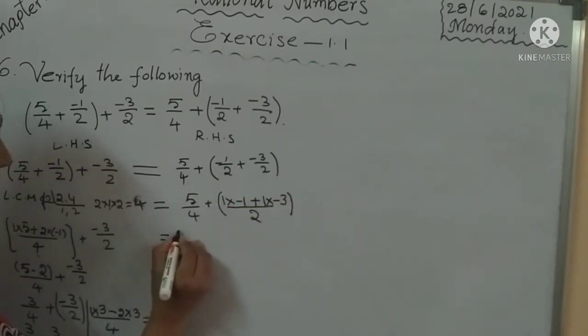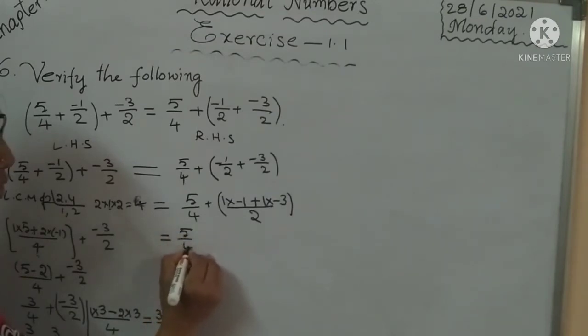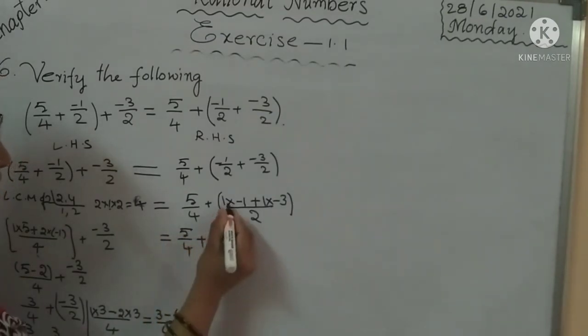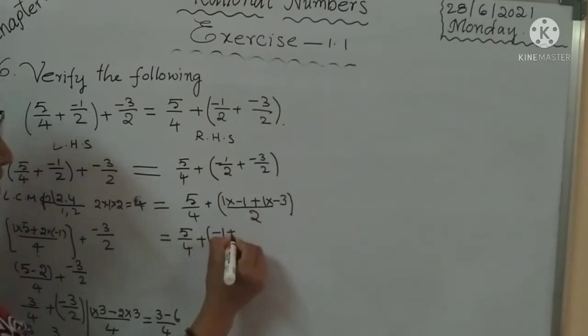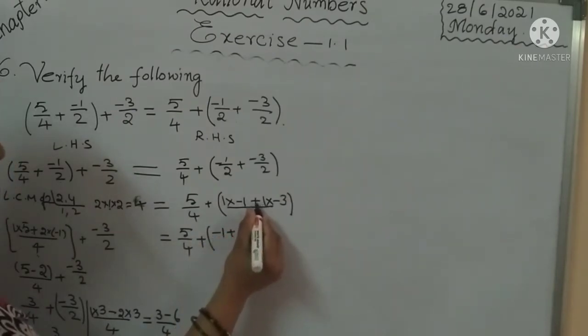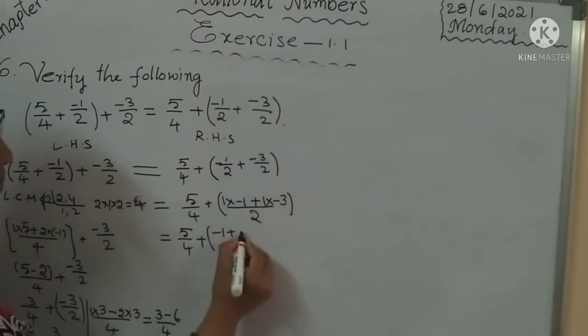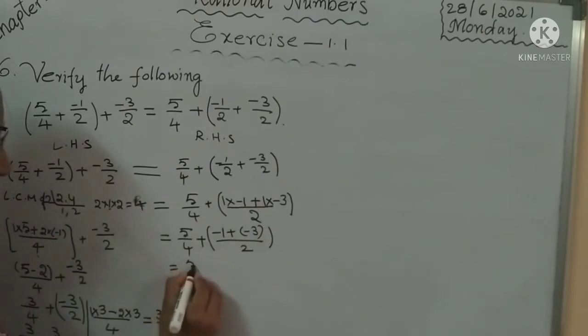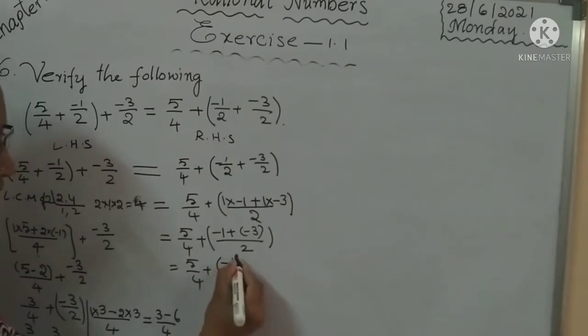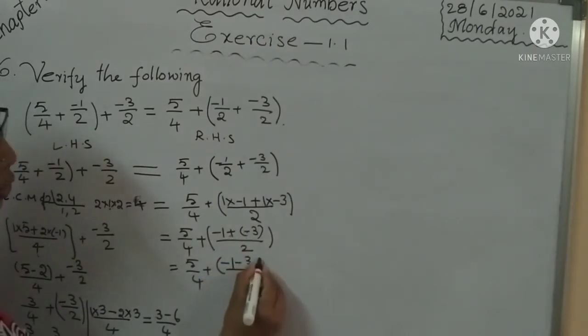Okay. So here write 5 by 4 plus 1 into minus 1, minus 1 plus 3 ones are 3 into minus 3 by 2.